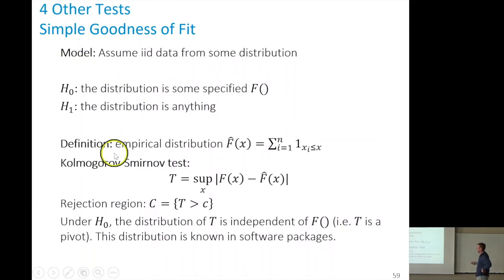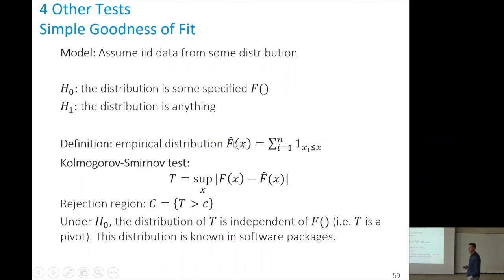One of them is, for example, the Kolmogorov-Smirnov test. That will sound familiar to us, at least once we look at the detail. So here again, we want to test that some data is IID from some distribution versus from any other arbitrary distribution. The object that we consider is the empirical histogram.